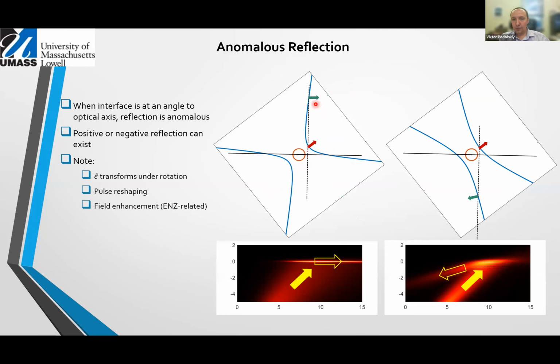And then the two fat arrows represent the direction of Poynting flux of the incident beam and the reflected beam. And so you can see that depending on the dispersion, or in different words, depending on the wavelength of light that interacts with the same composite, you might have very interesting phenomena showing up. Your reflection is always anomalous. Your angle of reflection is not equal to your angle of incidence.